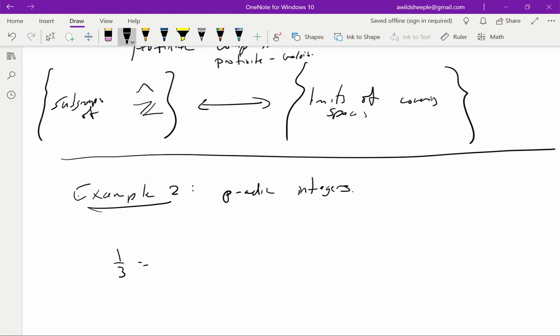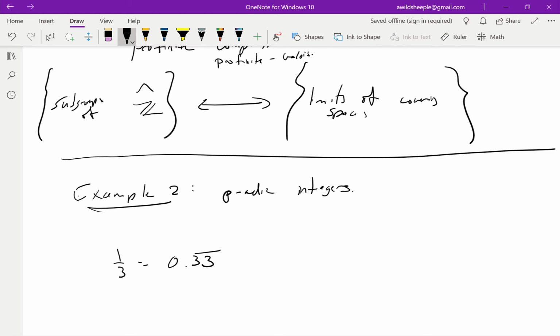We know that numbers like a third have a decimal expansion as 0.33 repeating. And we understand that when this decimal expansion goes on to the right forever, this is a sequence of estimations, if I stop at any given point, that tells me what this value is.